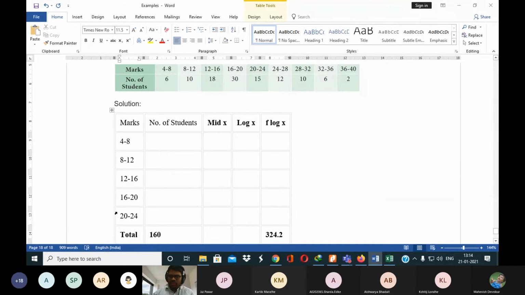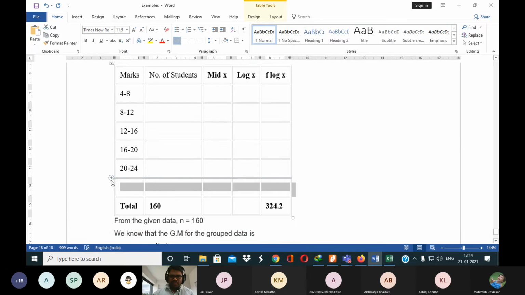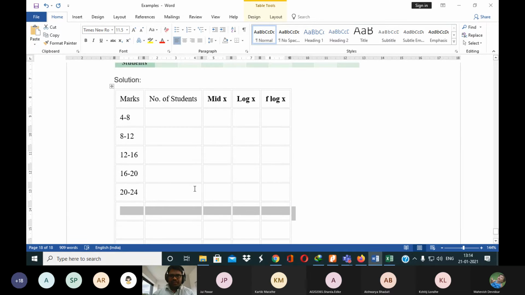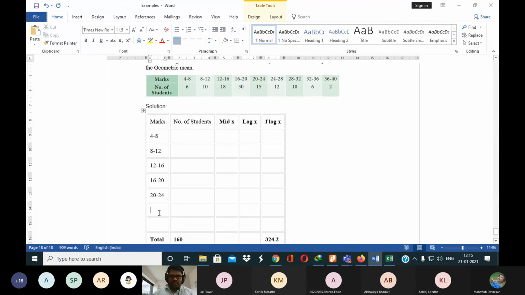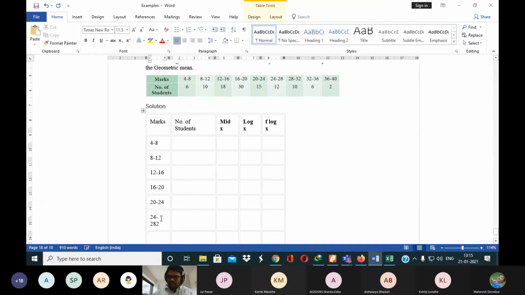You need to add one more row here, again one more row. 20 to 24, then 24 to 28, then 28 to 32.